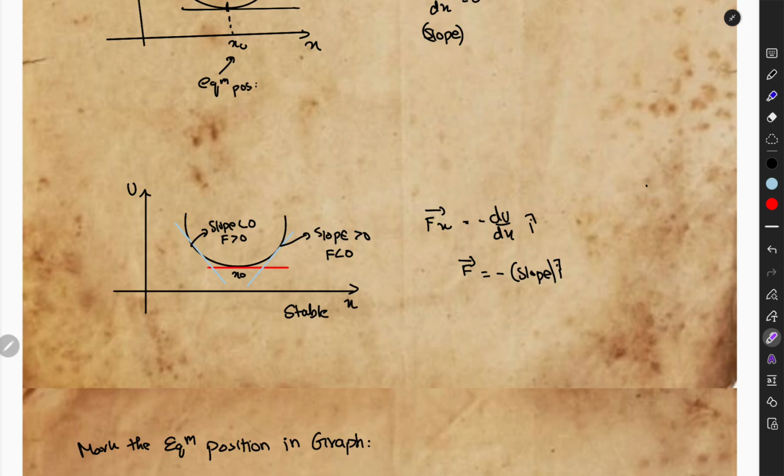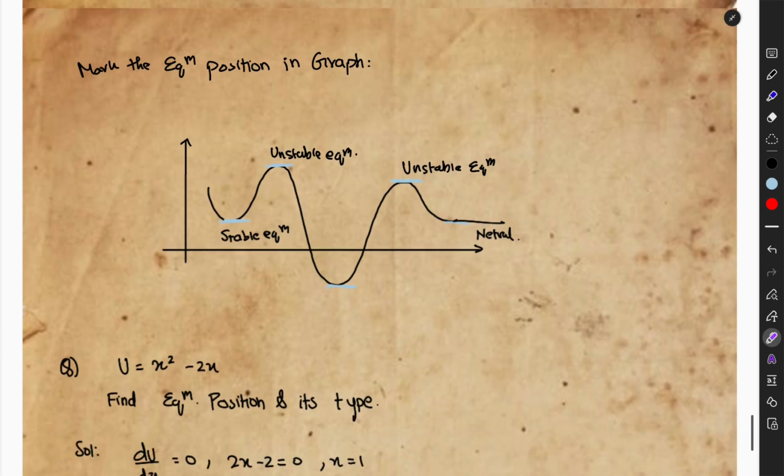Which means when a particle goes here, it is pushed back here. When it goes here, it is pushed back here. Always the particle will try to reach the point x0. So mark the equilibrium positions in the graph. Of course, here the slope is 0, slope is 0, slope is 0. These are the equilibrium positions.